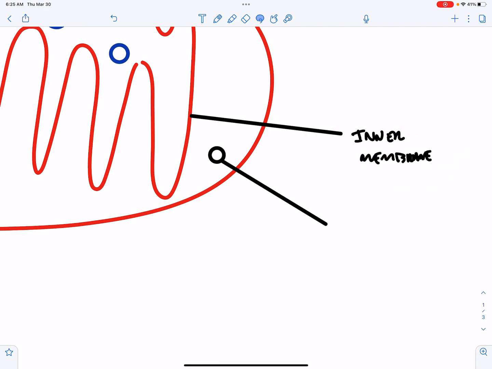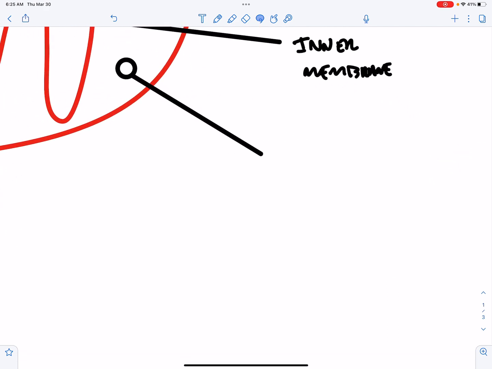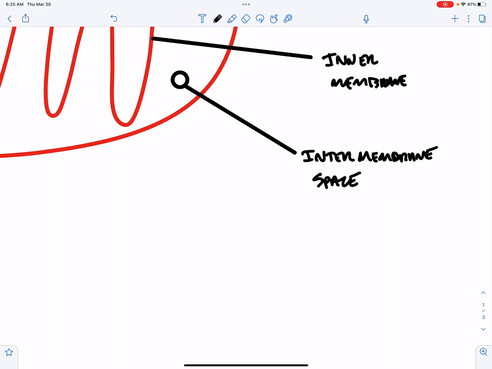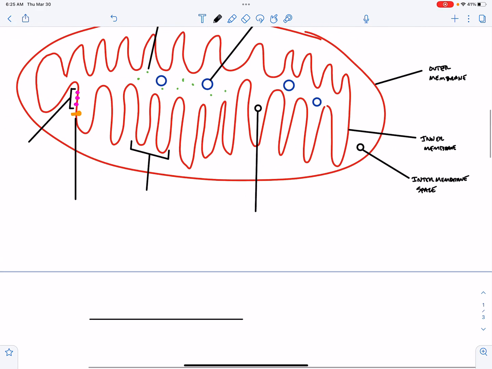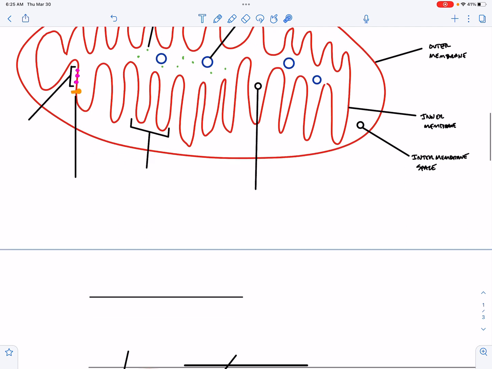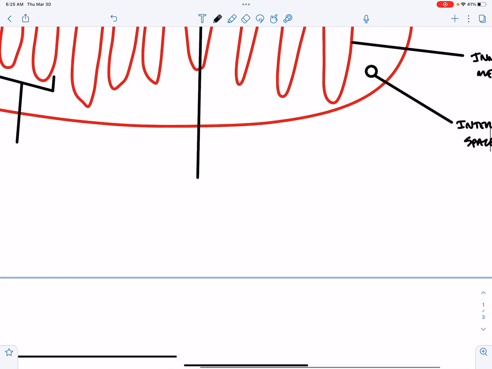The space between the outer and inner membrane is called the intermembrane space. And then the space that's within the inner membrane has a fun name. It's called the matrix.